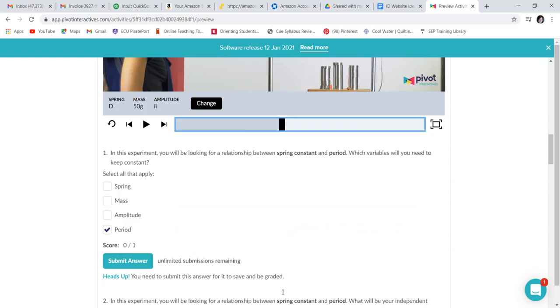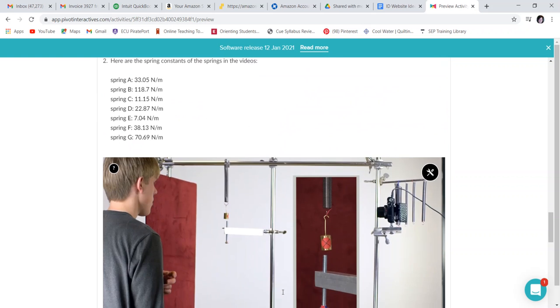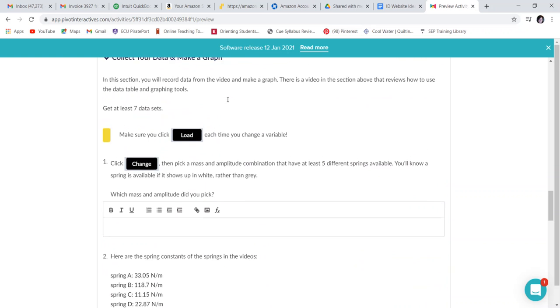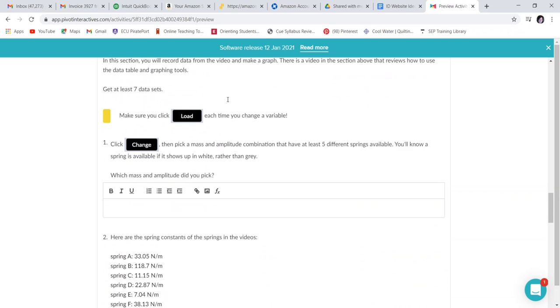So later on in the lab, they're going to give you a list of what the spring constants are. So the spring constant for D is 22.87, and you will have a period that correlates to that spring constant. So that's going to be 1 point on your graph. Then you're going to pick at least a total of 7 different springs.